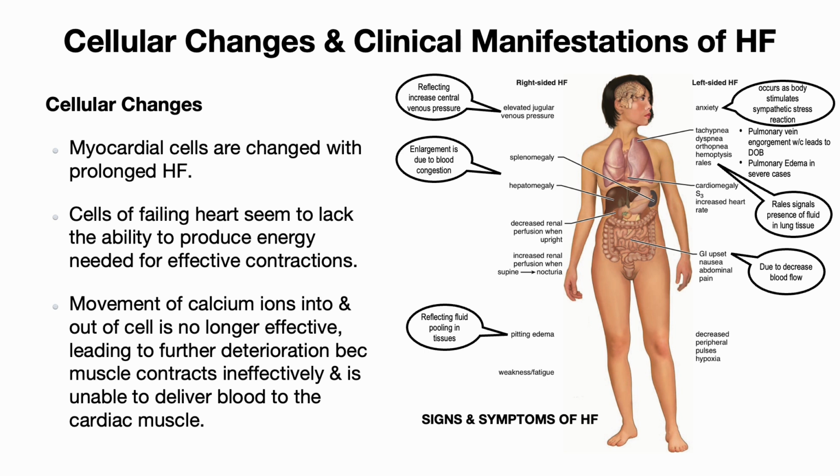Okay, take a closer look at the figure shown in the slide. So we go first with the left-sided heart failure. As mentioned, left-sided heart failure reflects engorgement of the pulmonary veins, which eventually leads to difficulty in breathing.